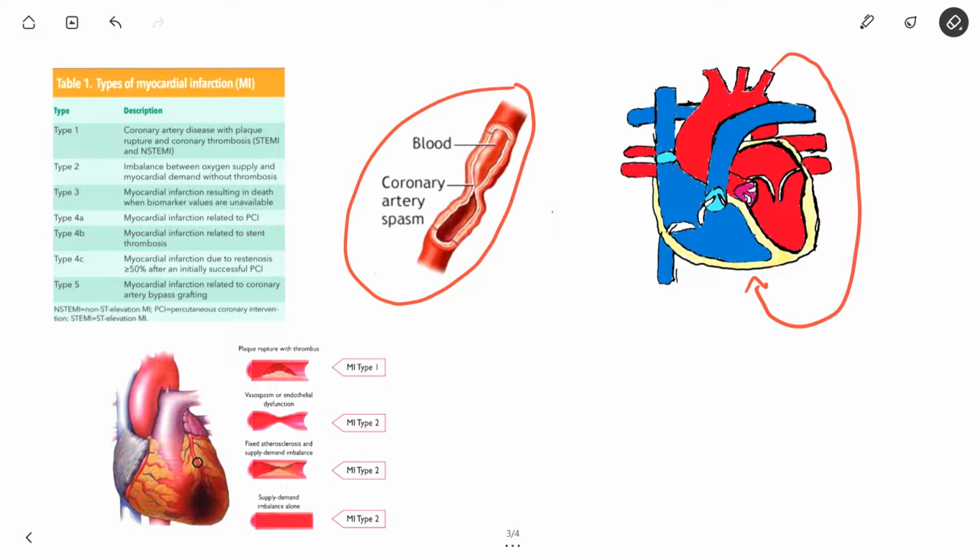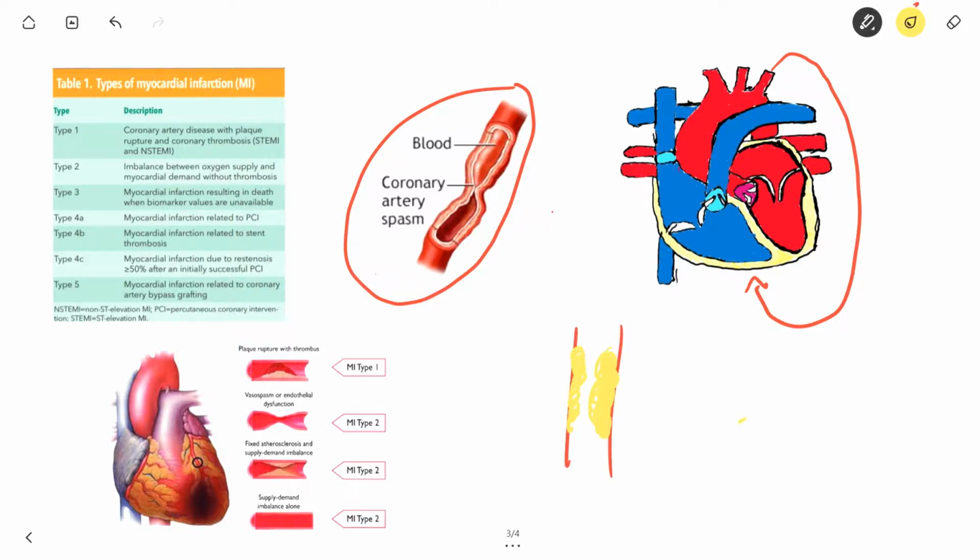A type 2 myocardial infarction can be caused by a spasm, and that's when the artery gets narrower, or it can be caused by severe atherosclerosis, meaning that plaque or cholesterol builds up on both sides of the artery, and there's a lot of buildup, so the artery is narrowed, causing less blood to pass through.